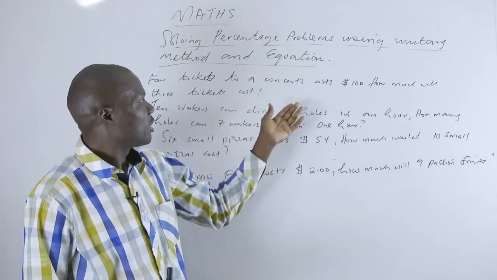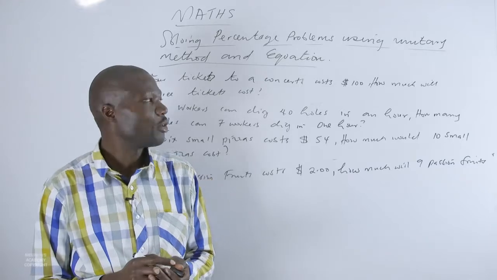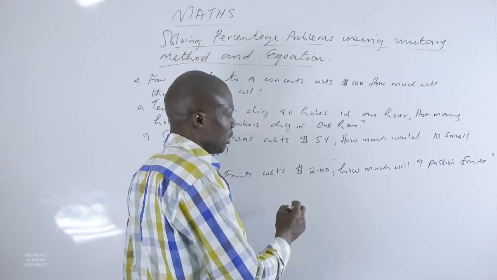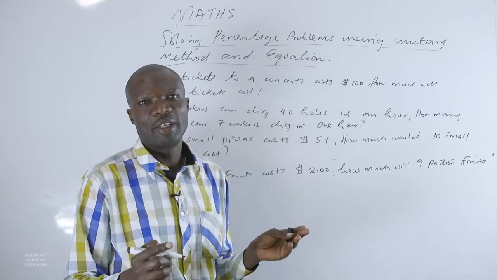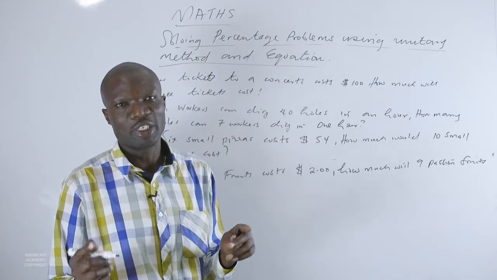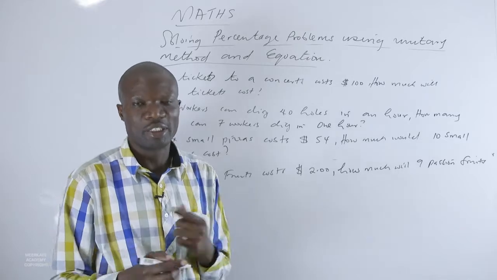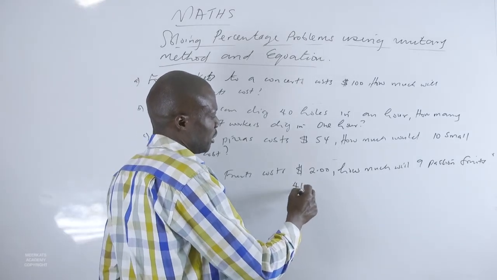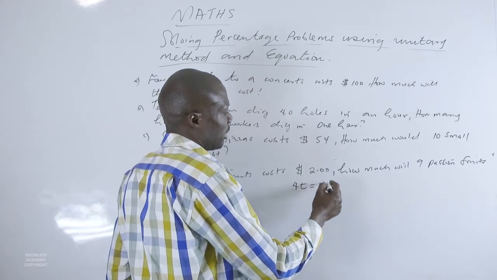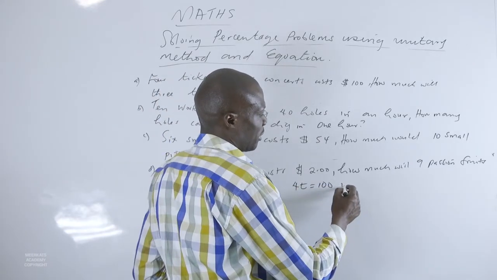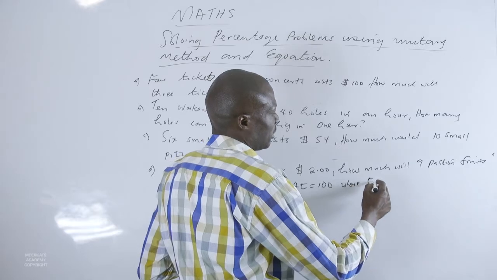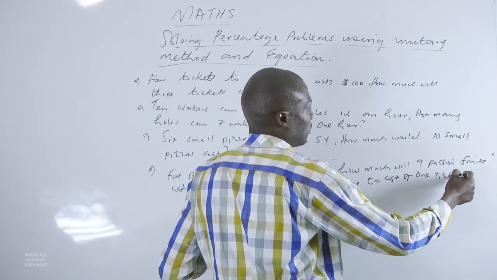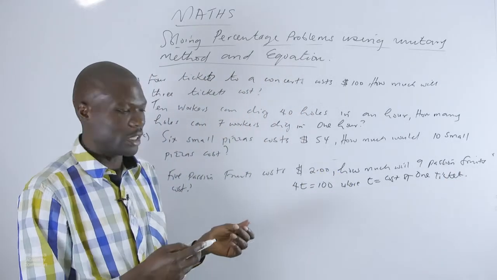If 4 tickets will cost us $100, let the cost of 1 ticket be unknown, let it be T. So 4T is equal to $100, where T is the cost of 1 ticket.